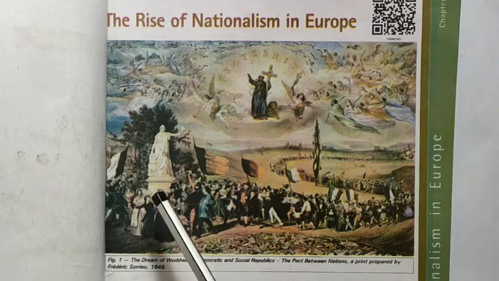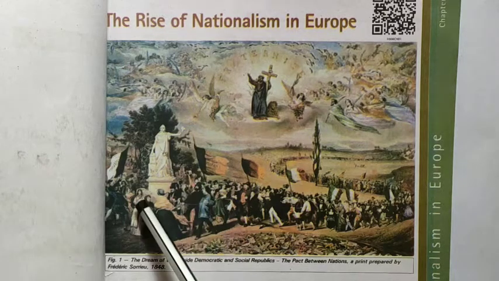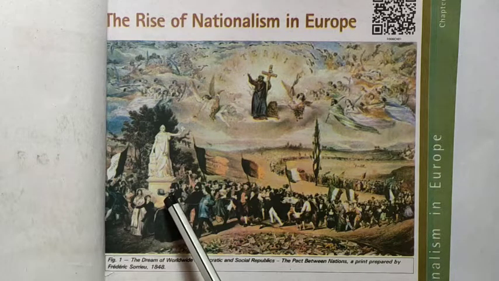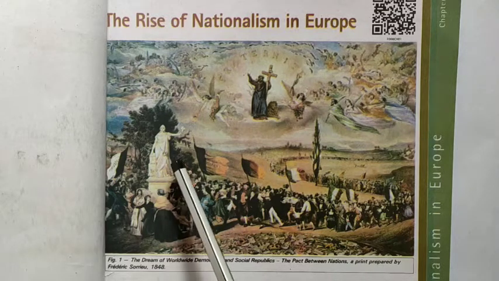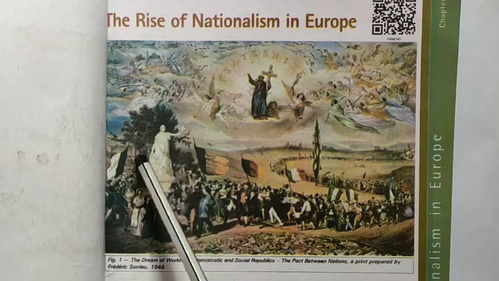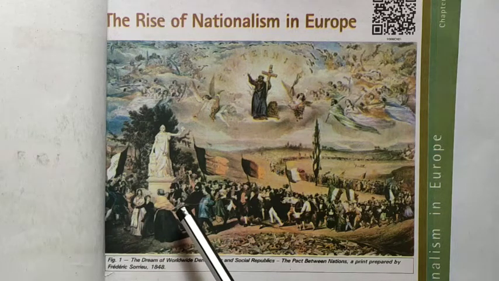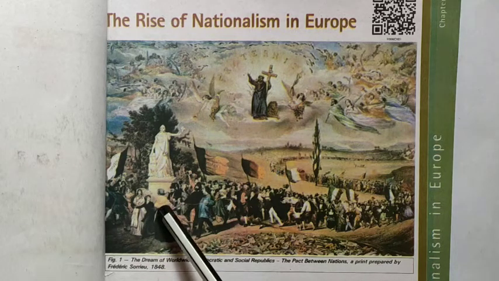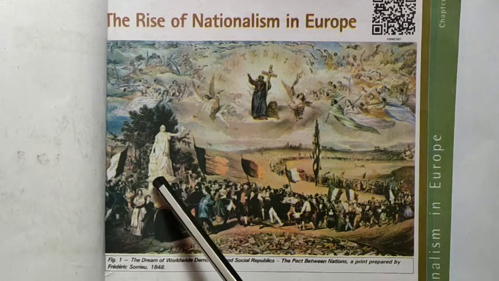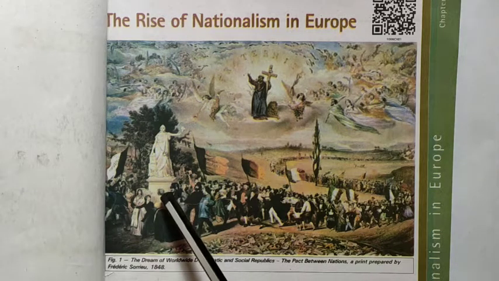In this figure, you can see there is a statue of liberty. It is a statue of a female figure holding a torch in one hand and a book in the other hand. She signifies liberty, a state of being free, and the enlightenment, which is an act of having knowledge and understanding.